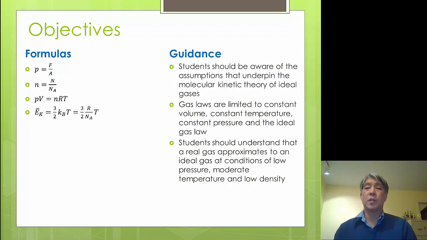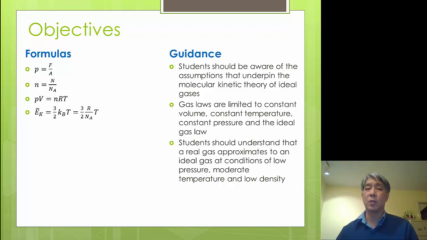So we have four formulas in this section. The first formula says that pressure is equal to the force applied divided by the area that force is applied on. The second formula is basically Avogadro's formula, that says the number of moles of a substance is equal to the amount of that substance divided by Avogadro's number, N sub A. The third equation is the ideal gas law, which says pressure times volume is equal to the number of moles n times the gas constant times temperature in Kelvin.